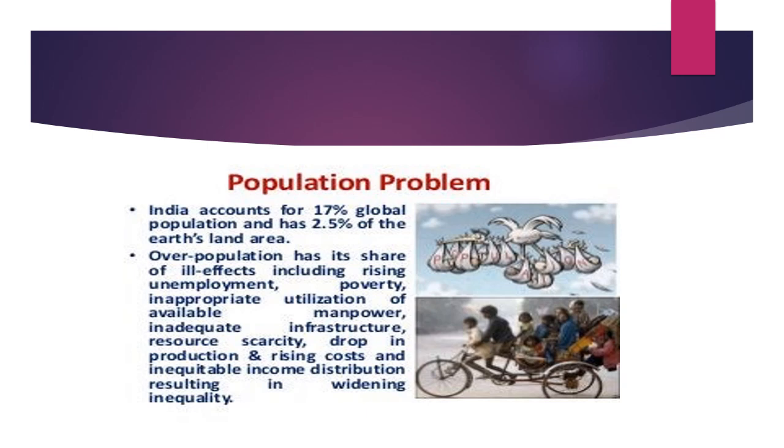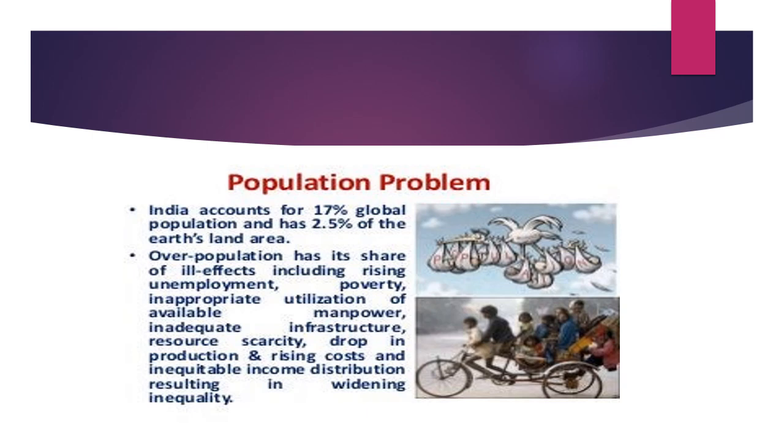Then poverty because of unemployment, inappropriate utilization of available manpower, which is not being utilized properly, inadequate infrastructure, and resource scarcity, because crimes can happen due to unemployment and food not being given properly.